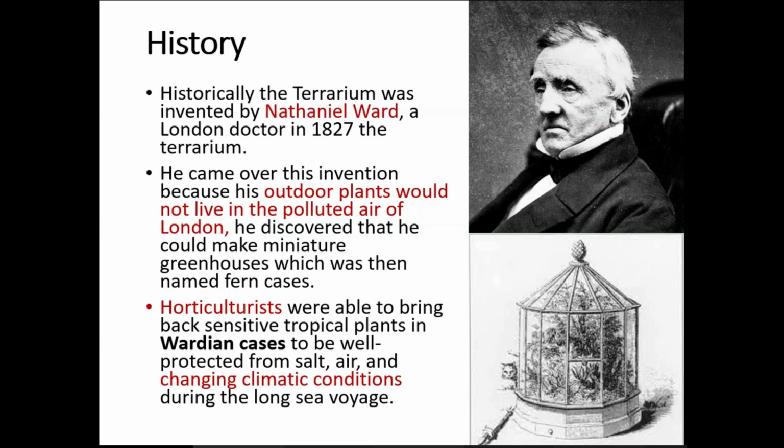Why did he invent it? At that time, in 1800, some of the outdoor plants would not live in the polluted air in London. They were dying because of polluted air. He thought, why can't we grow them in a miniature greenhouse? You might have heard of greenhouses, we already discussed them in one of the classes. Greenhouses are glass houses.